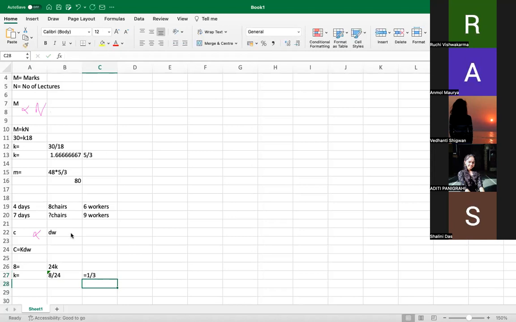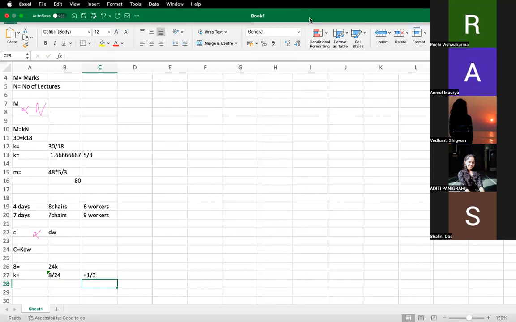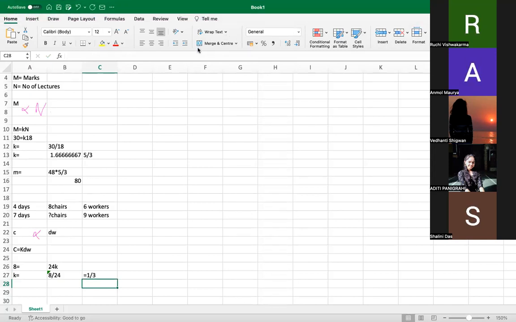Are you all able to understand? All I want here is chair. That is why I took chair on my left hand side. C is equal to KW. So now, for the next one, I will equate it the same way. I got K's value.